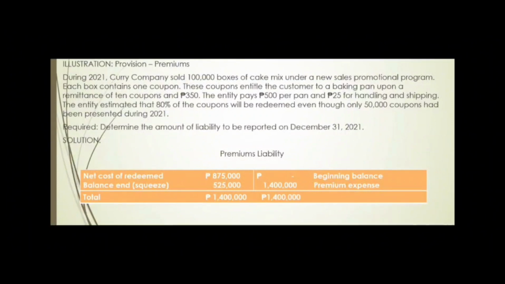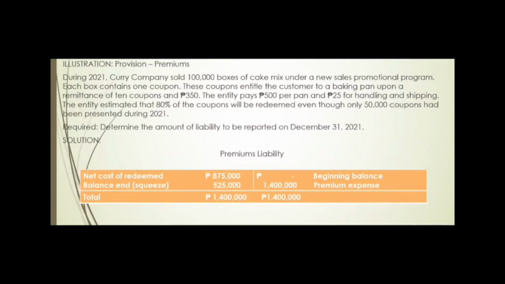Then for the premium expense, the premium expense is 100,000 coupons times 80%, and then divide by 10 coupons times 175 pesos.